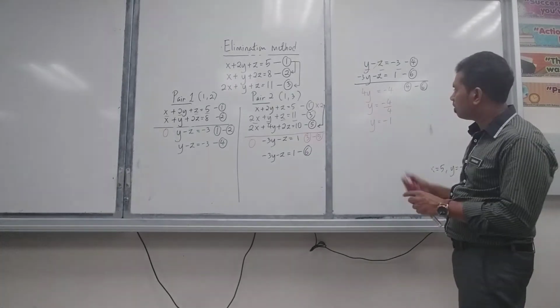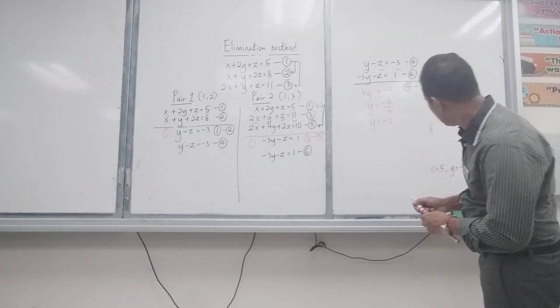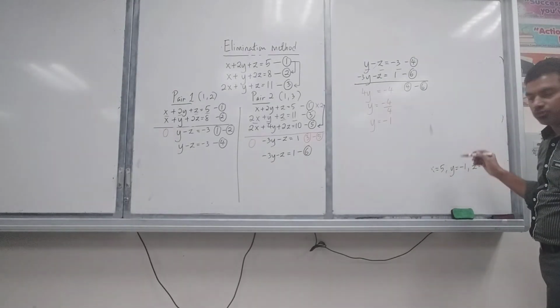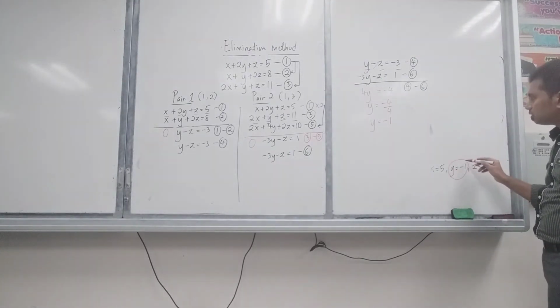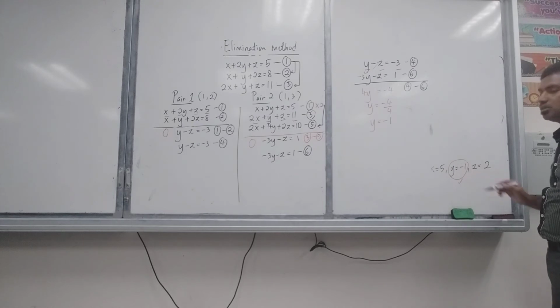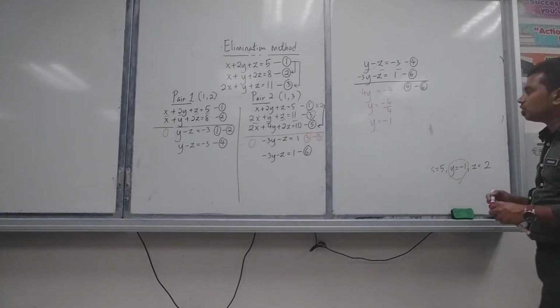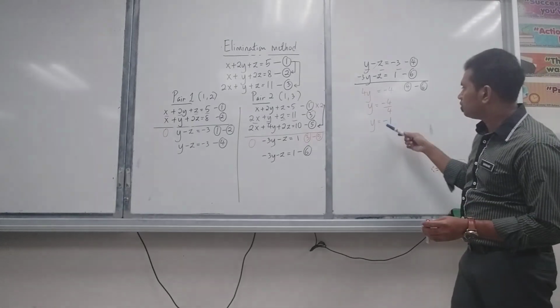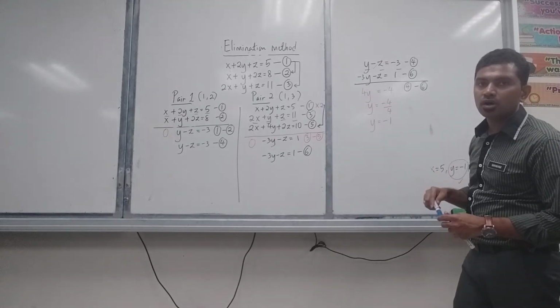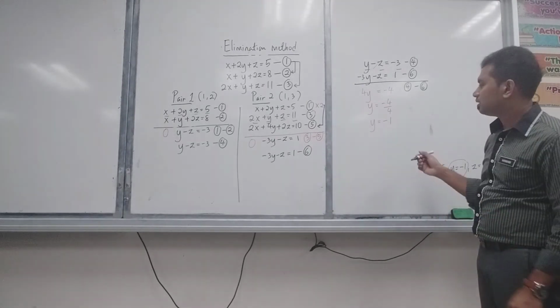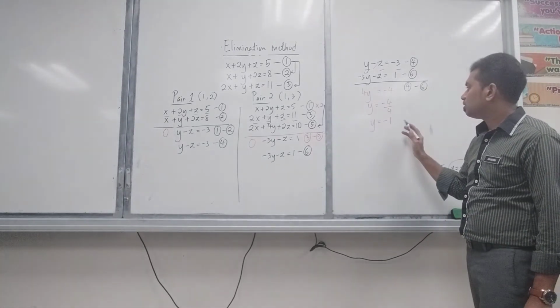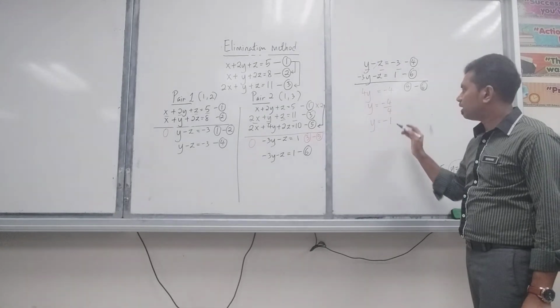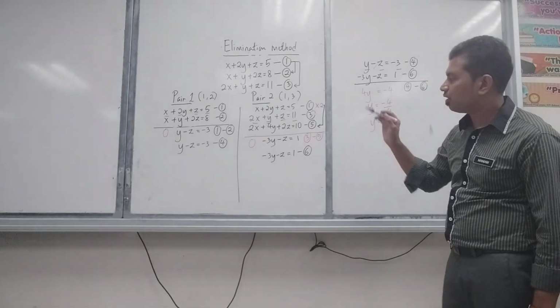So you already managed to get y negative 1. Remember just now, when I solved, I got y negative 1. So it's the same answer. Okay, I continue to find the value for x and z, not y, y we managed to get.